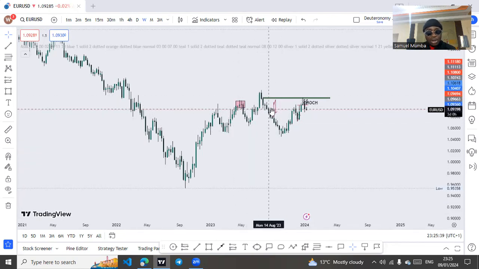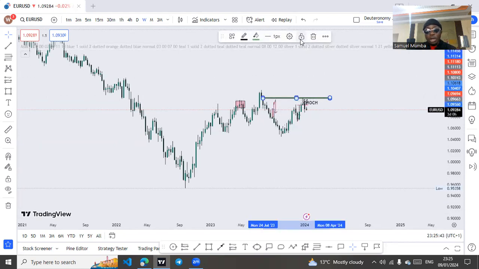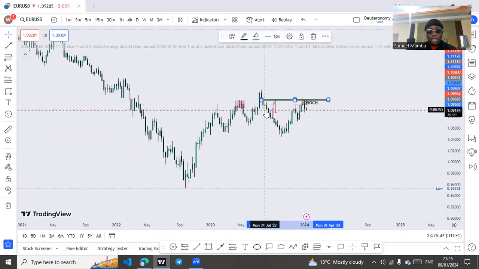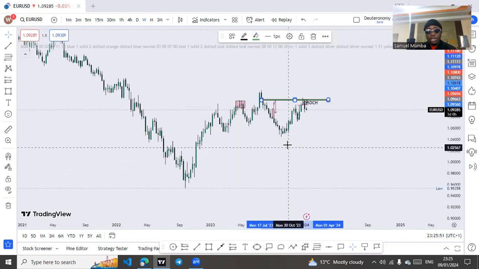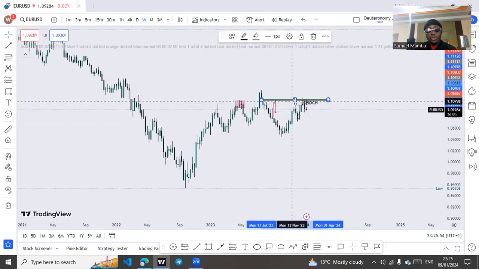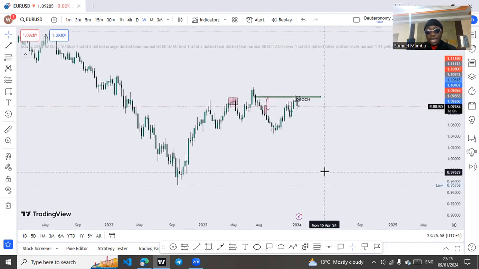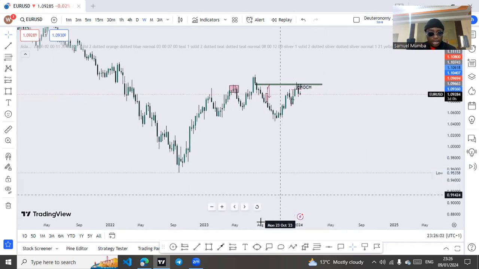Then what the market did is to come and retest this order block here, because this market made a change of character here, so the market had to come to retest the order block. So from here, Euro USD, guys, we are headed for a bearish momentum, okay?